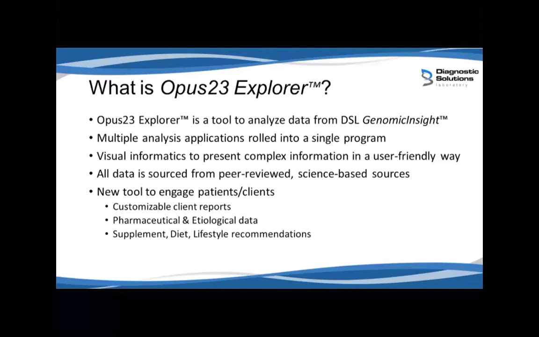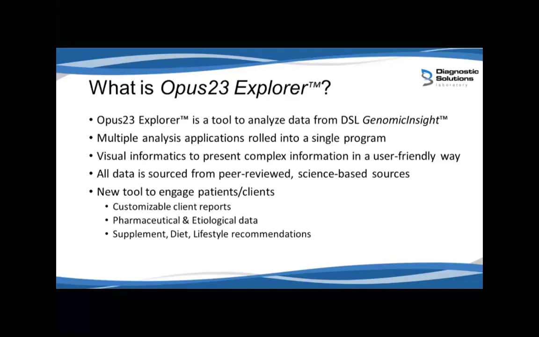And then lastly, within those reports, you can also customize supplement, dietary, and lifestyle recommendations. So we can get really specific in terms of which specific herb or nutrient or vitamin we want to recommend someone, specific lifestyle factors and dietary choices as well.